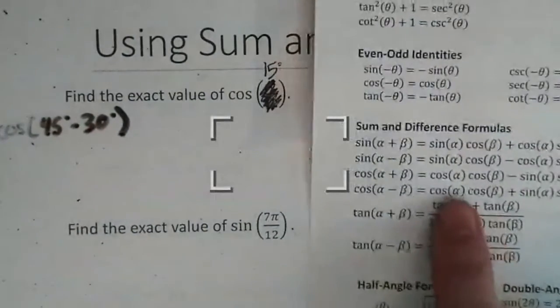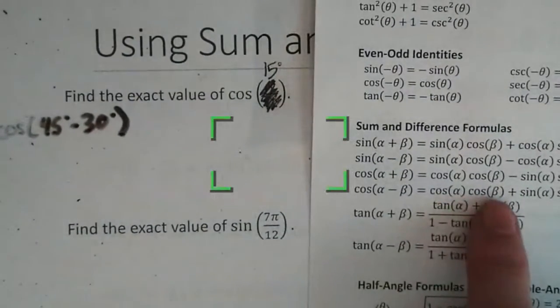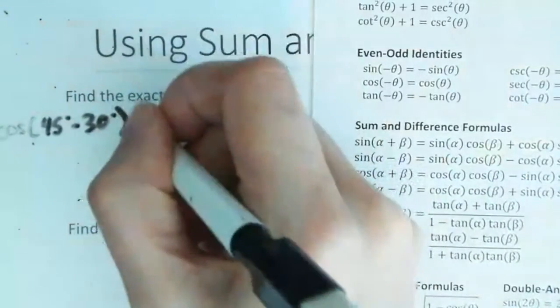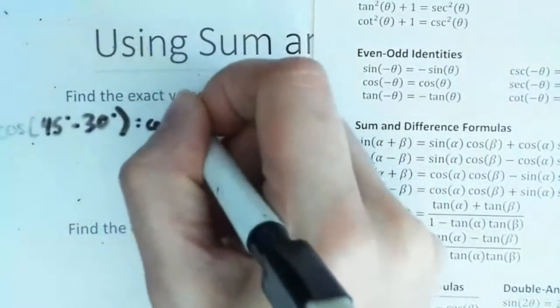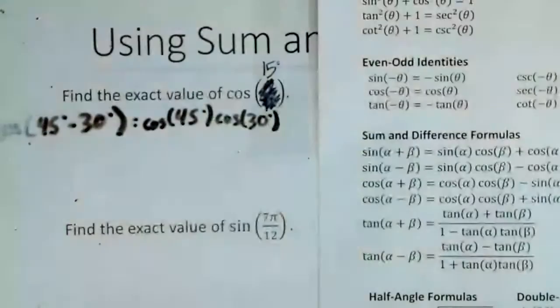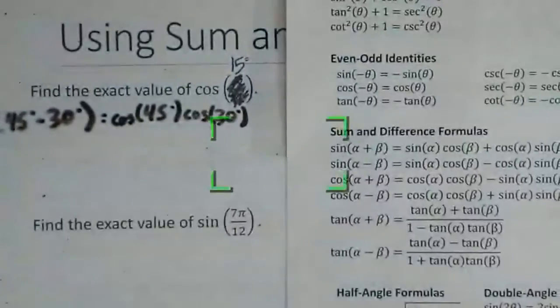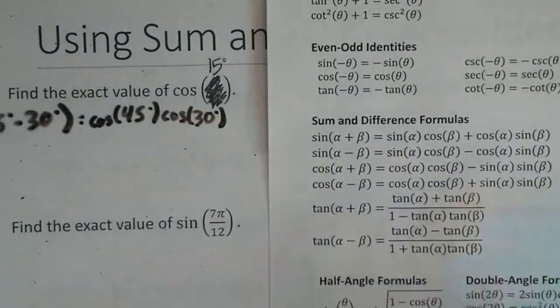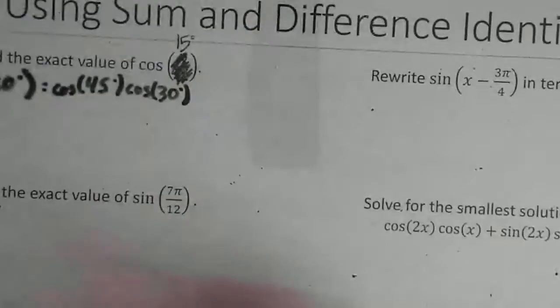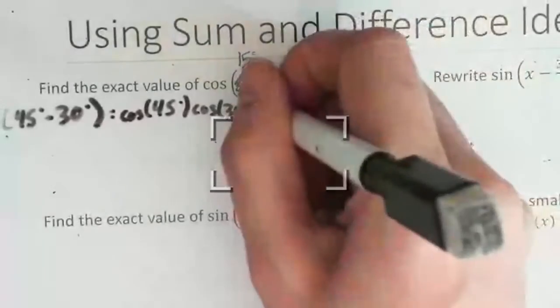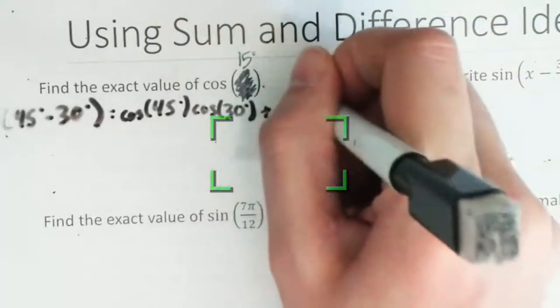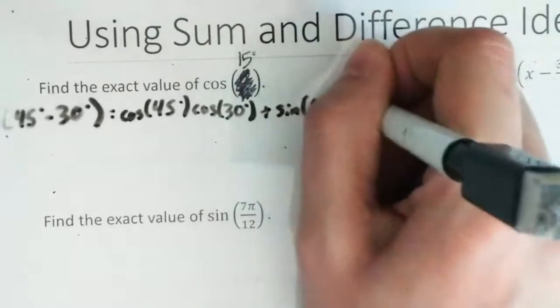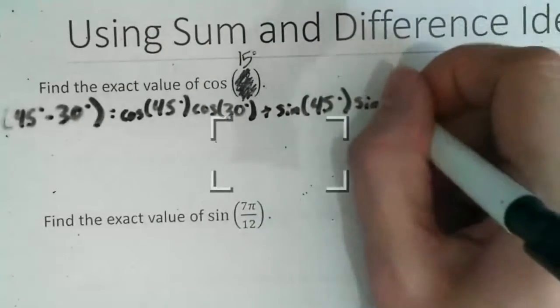It says I'm going to take the cosine of the first angle times the cosine of the second angle. So the cosine of 45 degrees times the cosine of 30 degrees. And then the formula says after that I need to add the sine of the first angle times the sine of the second angle. So I'm going to add the sine of 45 degrees times the sine of 30 degrees.